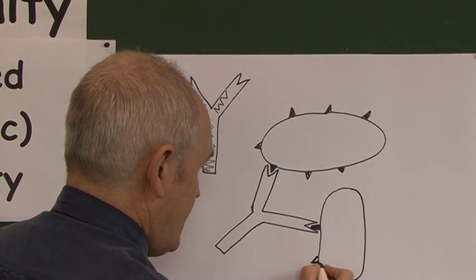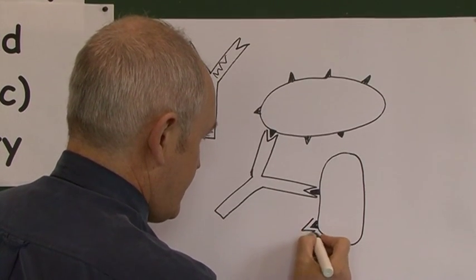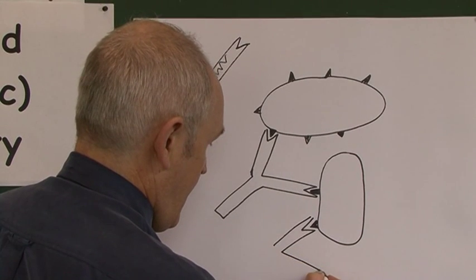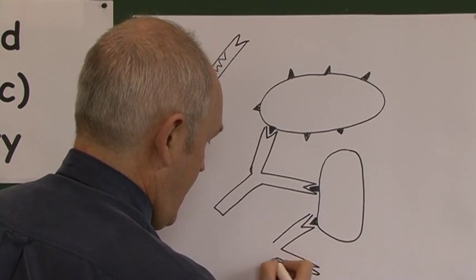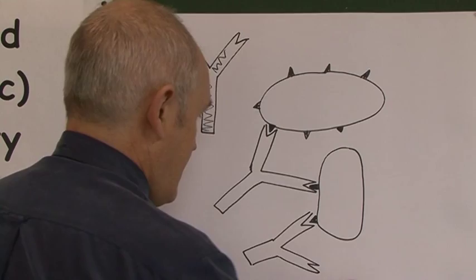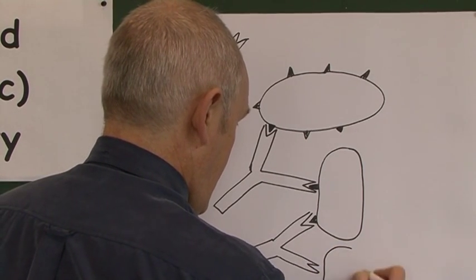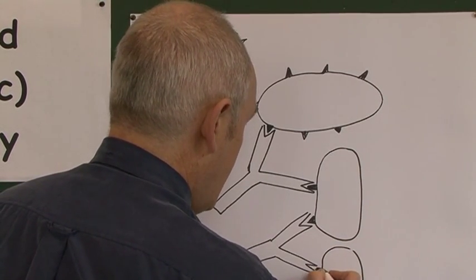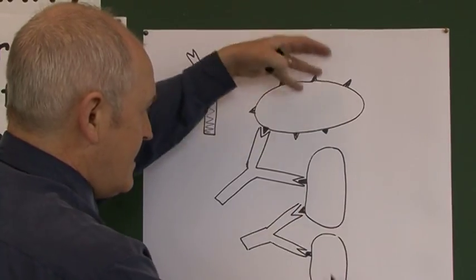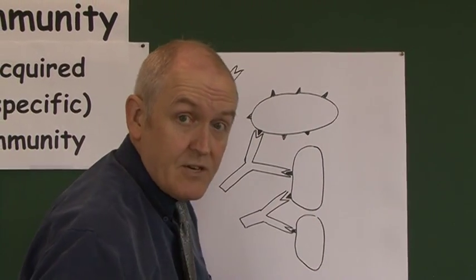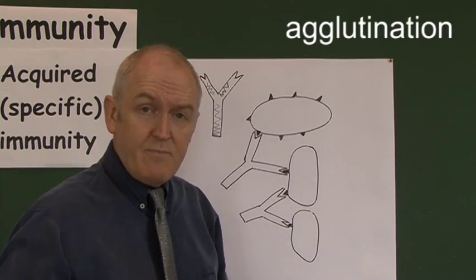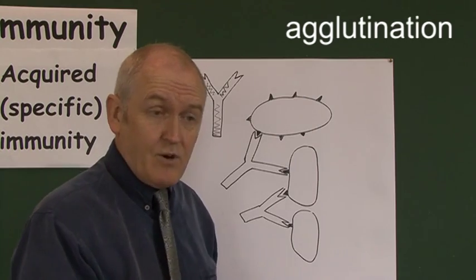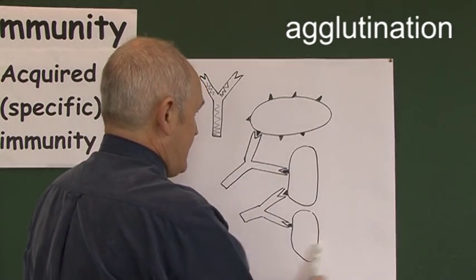There's another epitope there, another antibody. And we can see that now we're starting to clump together lots of these nasty bacterial cells. So the antibodies are acting against these bacteria or viruses, clumping them all together.